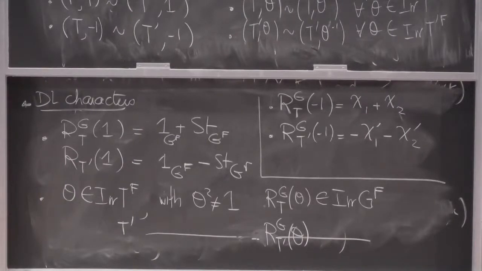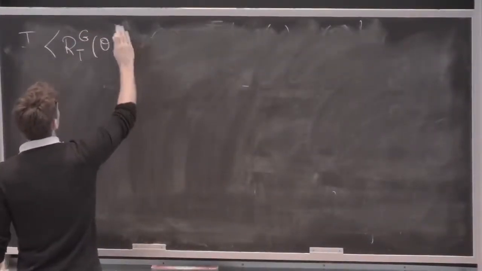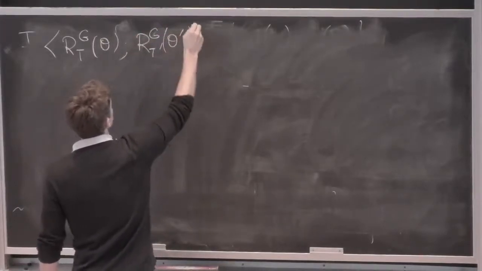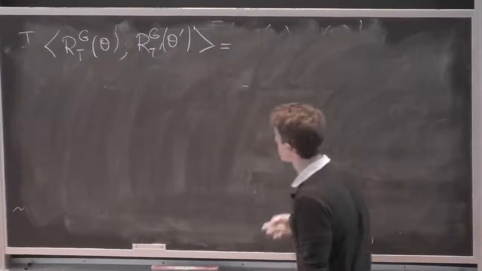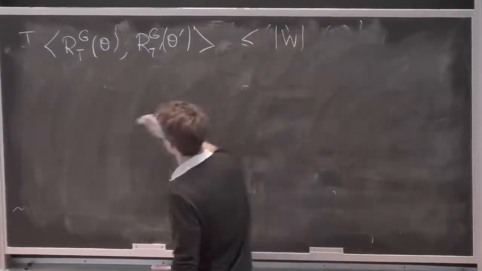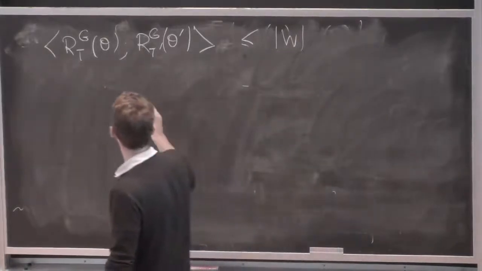That wasn't stated completely explicitly in Meinhold's lecture, but he said that if you want to compute the scalar product of two linguistic characters, it's always less than the order of the Weil group. But you can actually compute this exactly.